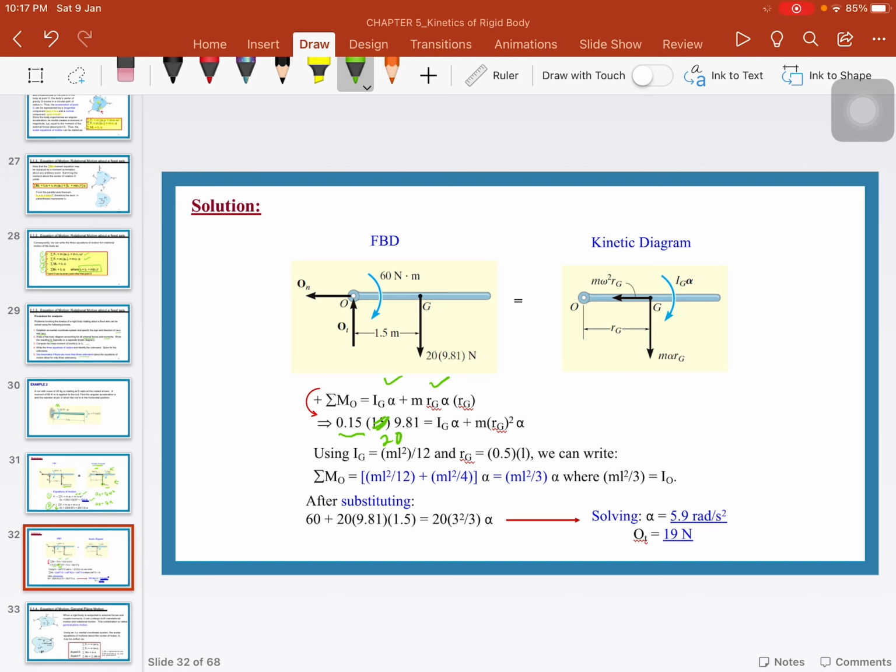Next, using IG equals M L squared over 12, because it is a rod, and RG equals 0.5 times 1, we can write it here and then substitute. You will get alpha and OT, the summation of force at T.